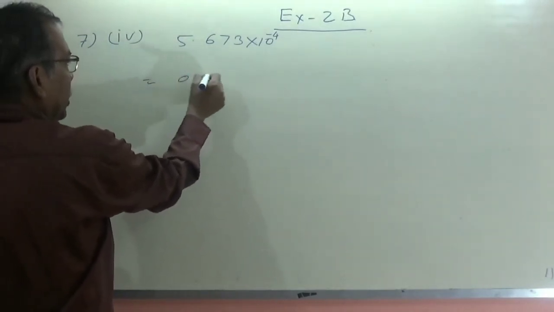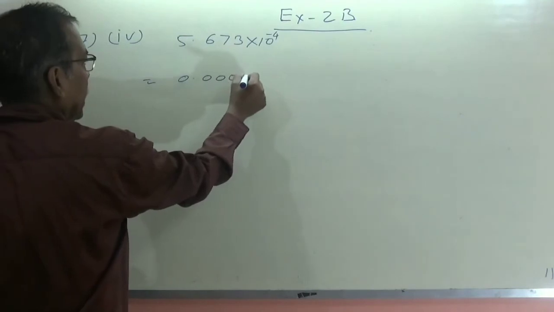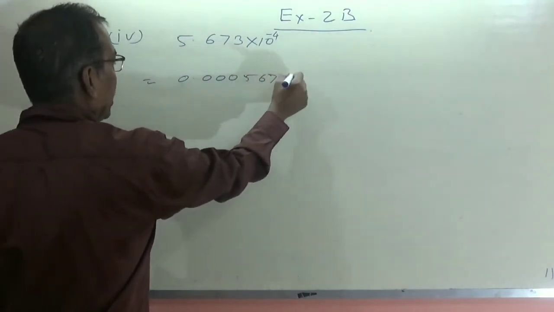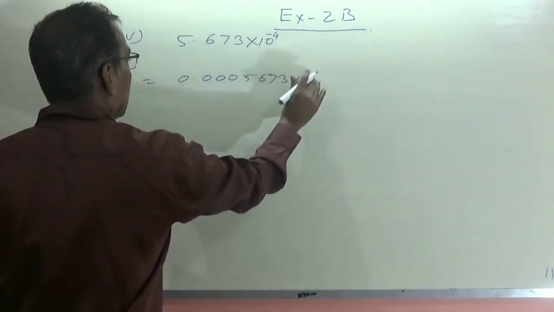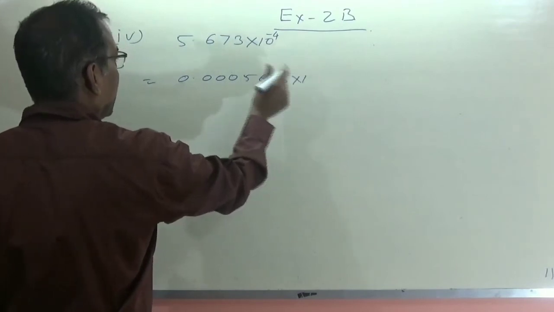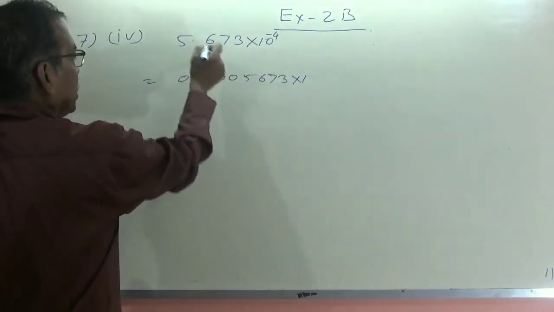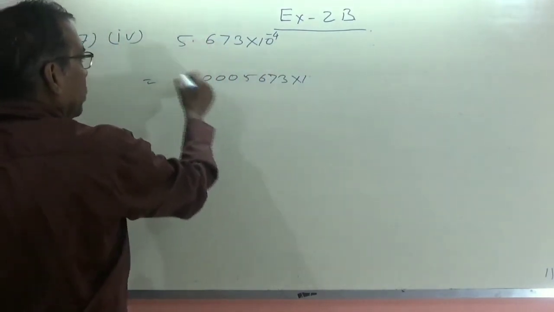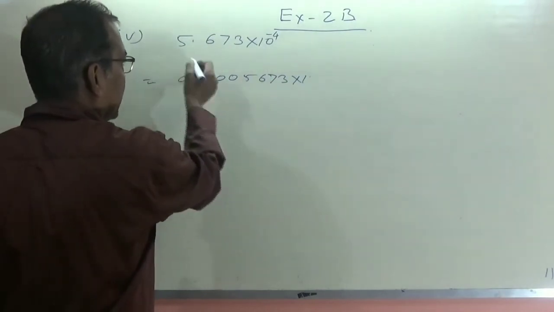That is 0.0005673 into 10 to the power, it is taking a jump of how many digits? By 4 digits to the left hand side.